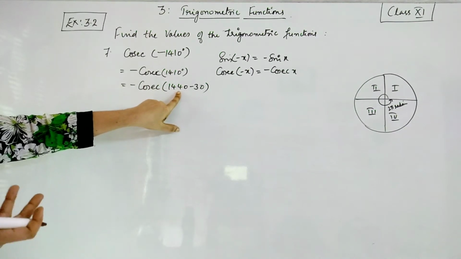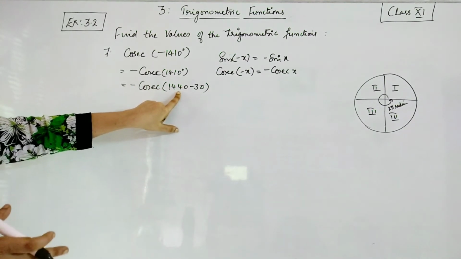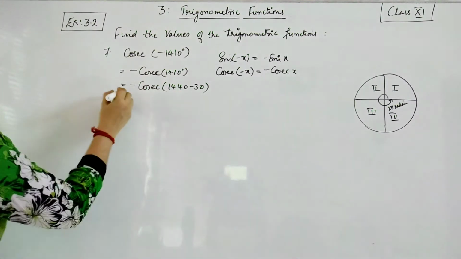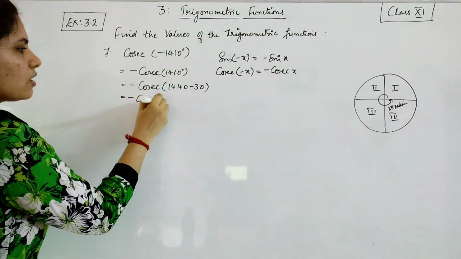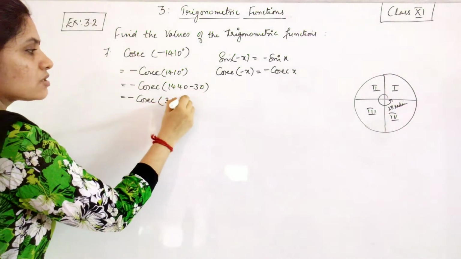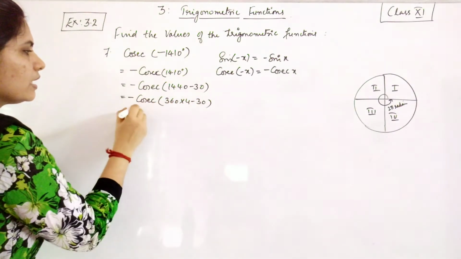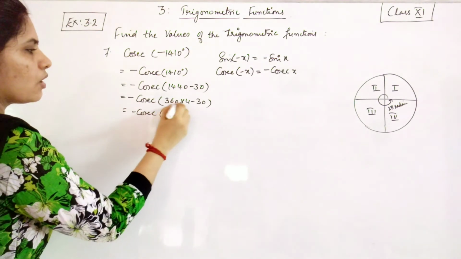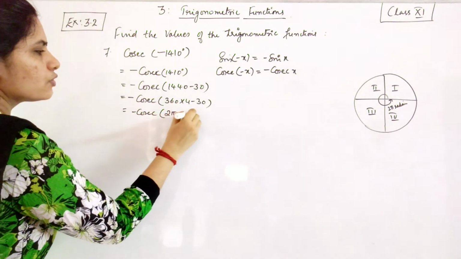In order to write in the form 2n pi plus x or minus x, right? So here you are getting minus cosec of 360 into 4 minus 30. So it is again minus cosec of 2 pi into 4 minus 30.